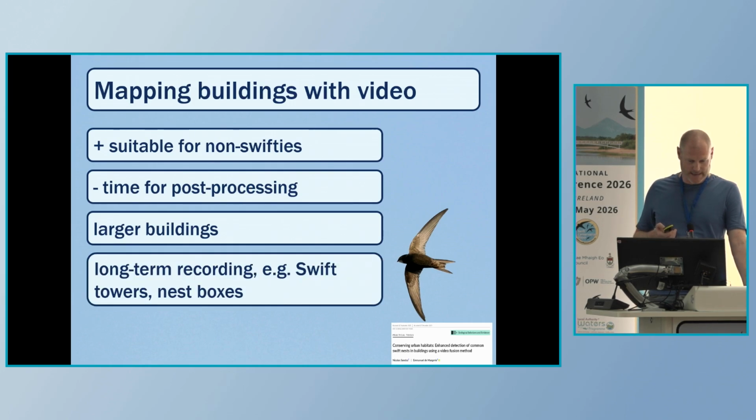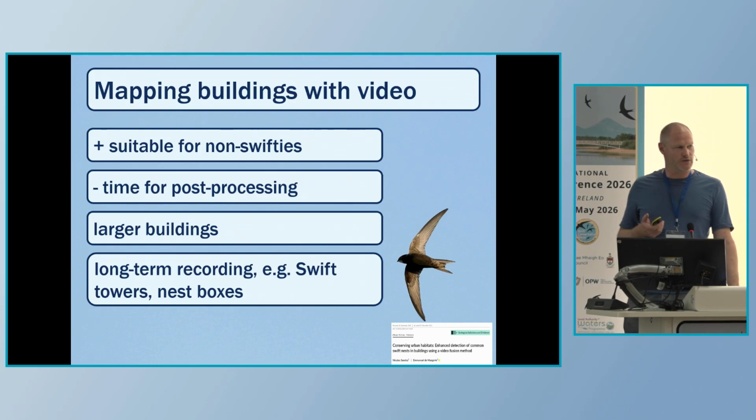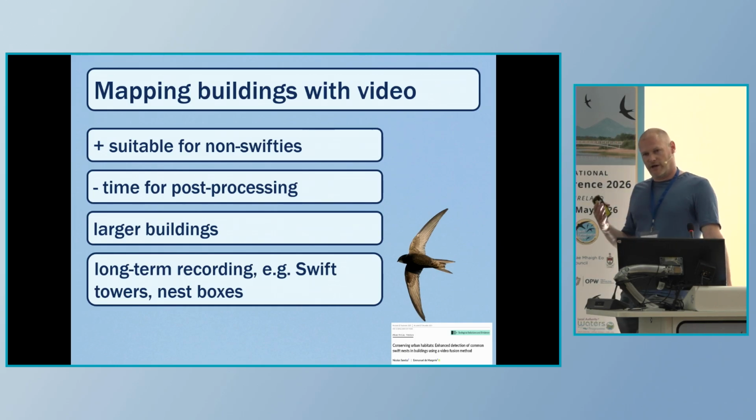You can also think about long-term recording, for example, for new swift towers or new nest boxes. If you want to have a look at the colonization rate of a new swift tower, of new nest boxes, there might be a possibility that you do long-term recording. Then you have problems with memory cards or with the battery.